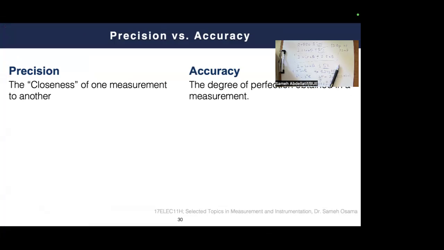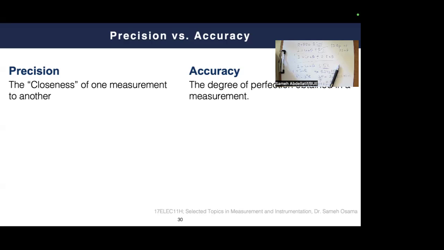So, how can we measure the effectiveness, the robustness of our instrumentation device, or maybe of our sensor? We have two main parameters that are used to measure this: what we call accuracy and what we call precision.